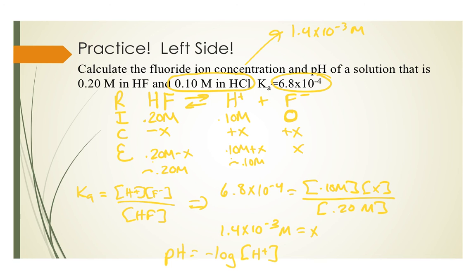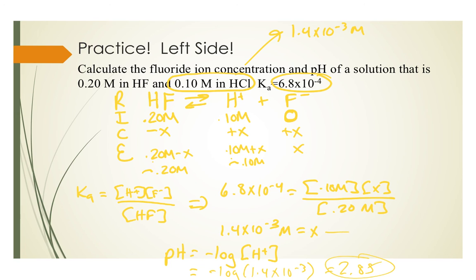We can go ahead and calculate that out, which gives me negative log 1.4 times 10 to the negative third, which gives me 2.85 as a pH.